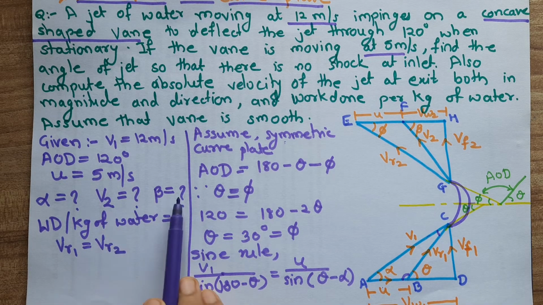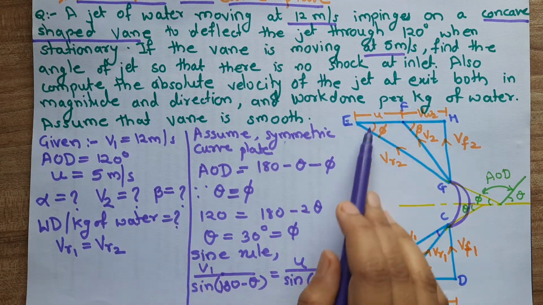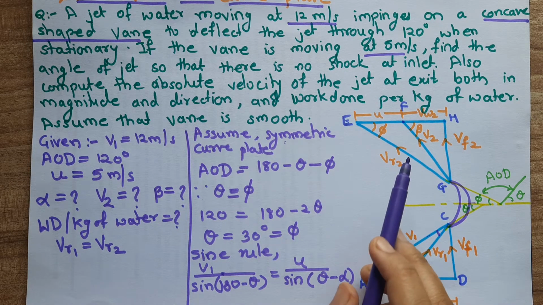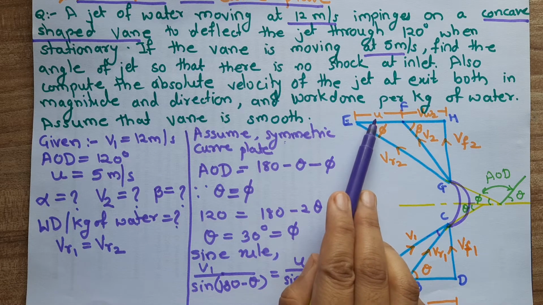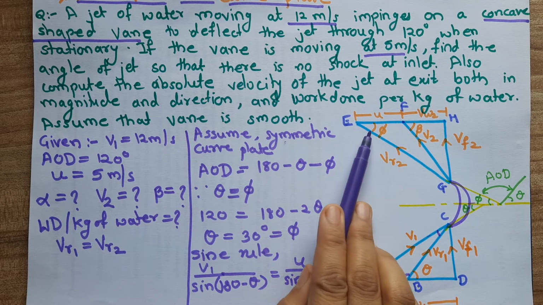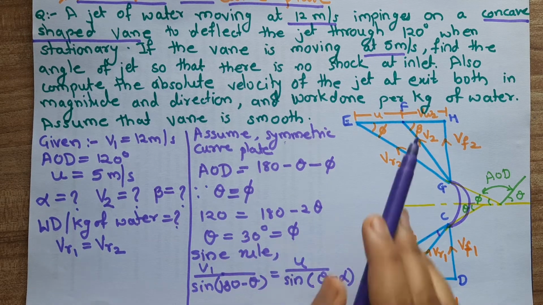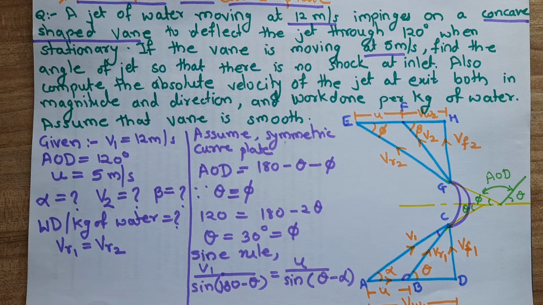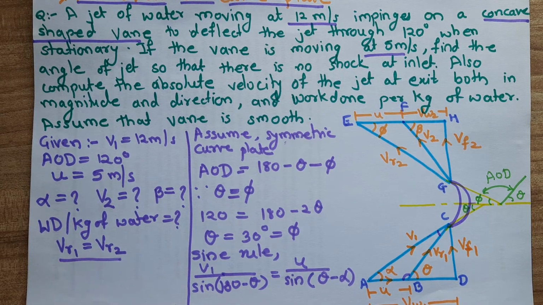To find these two, we must solve the outlet triangle. For the outlet triangle, what we have is U, phi, but we don't know any other thing from this. But we know the condition, that is VR1 equal to VR2.